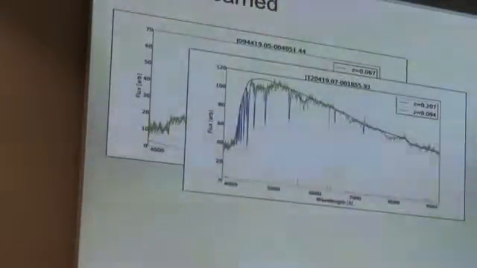If you look at this object, that's really a nice example of how you can do it in the wrong way. Sloan found a redshift of 0.2, and it took us a while to understand why the object actually has a redshift of 0.09, because it's a certain class of galaxies with a rapid star formation process in the past.